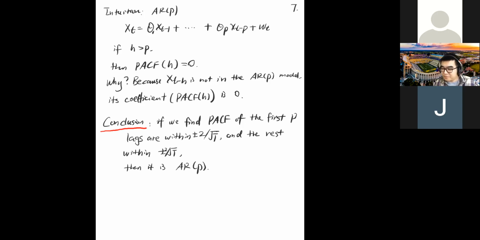If we find the PACF of the first p lags outside the confidence interval, plus or minus 2 over the square root of T, and the rest within this confidence interval, then this is an AR(p) model. What I just discussed is not a formal proof, but the formal proof follows the same intuition.